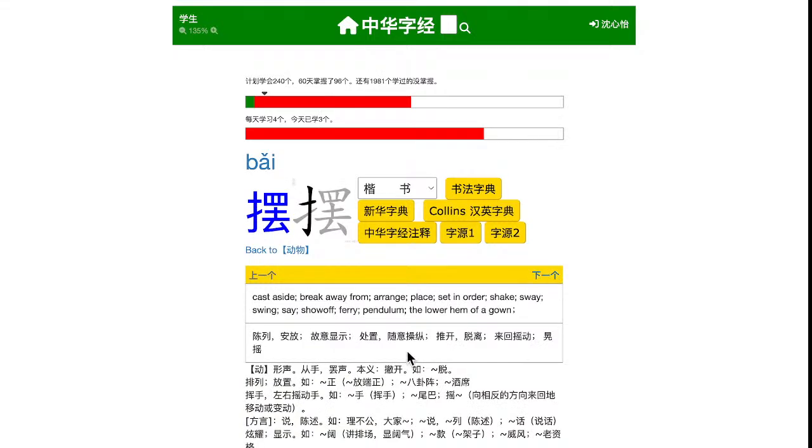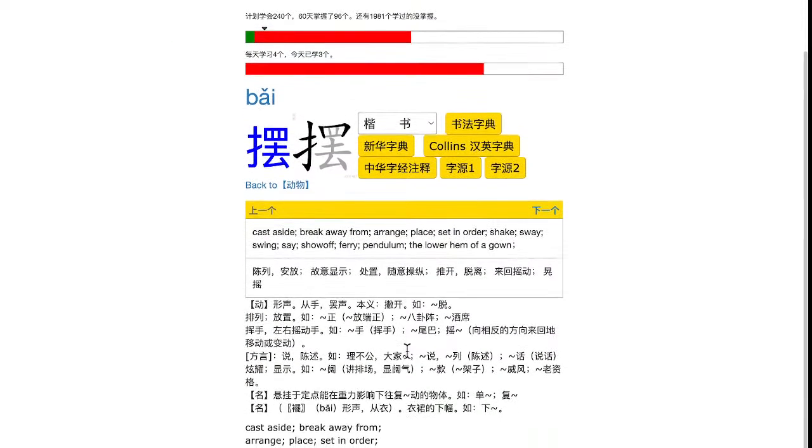Next one, 摆, 摆. This one is a verb. It has several meanings. One is to cast aside or break away from. Basically, you are trying to get away from something. 你说摆脱, 摆脱, that means you get away from somebody who is chasing you, or somebody who is searching for you, that kind of thing.